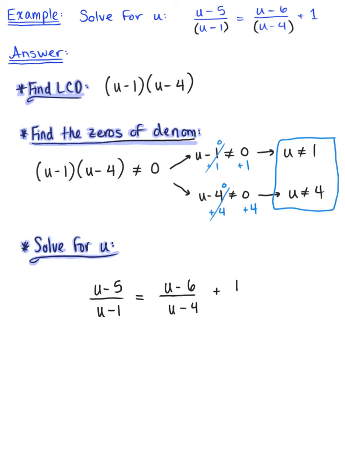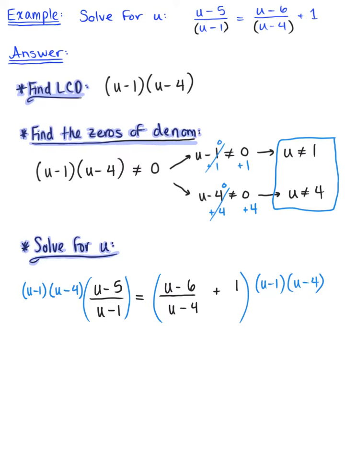Now, to remove the fractions, we are going to multiply both sides of this equation by the least common denominator, which is u minus 1 times u minus 4. And of course, whatever we do to one side, we must do to both sides. So we're multiplying by u minus 1 times u minus 4.